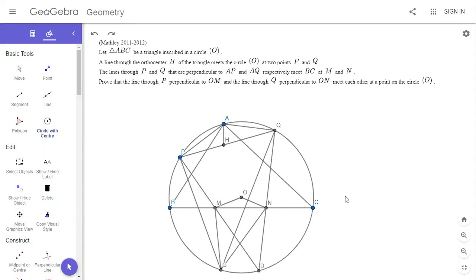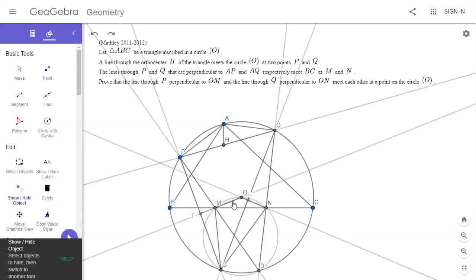So basically that means OM is perpendicular to GP. You need to find O to be the intersection of DA and, yeah, so that might be a good way to go.